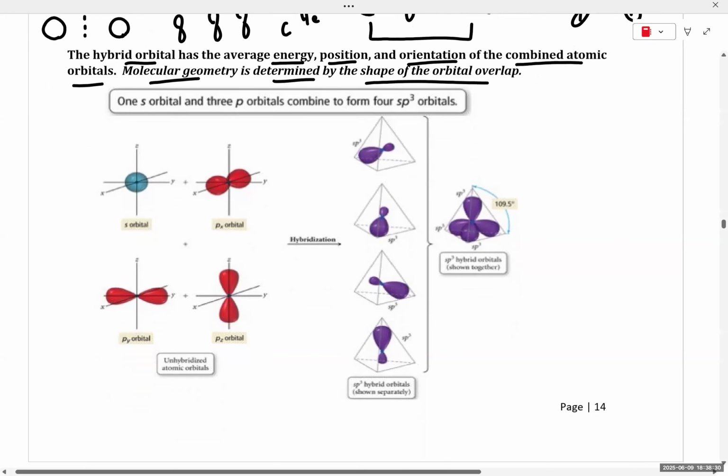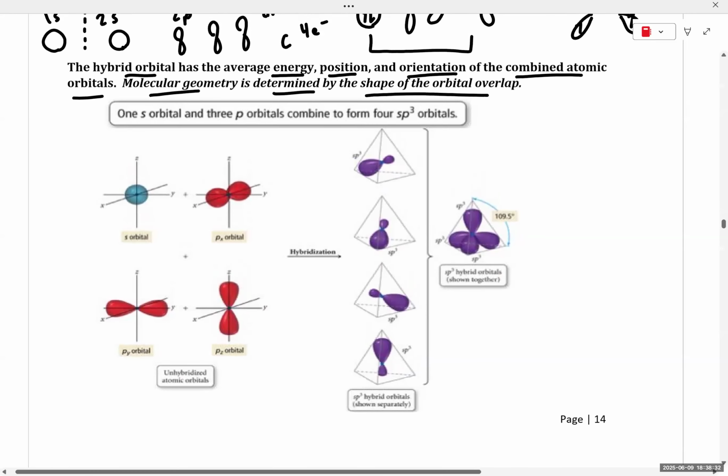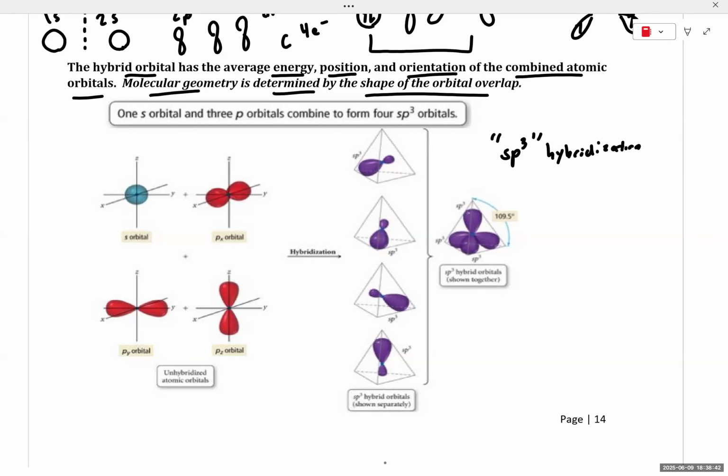So for example, if we look at the sp3 hybridization, we combine an s orbital and three p orbitals to yield four sp3 hybrid orbitals.